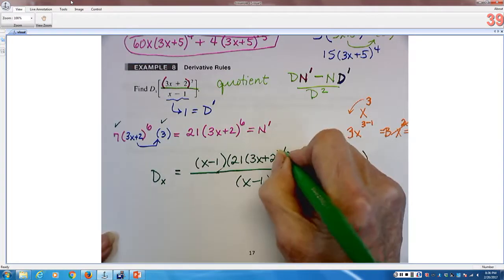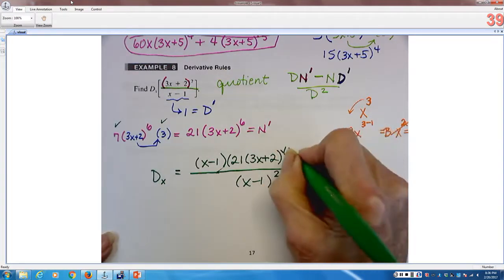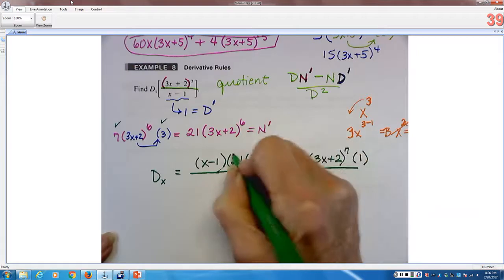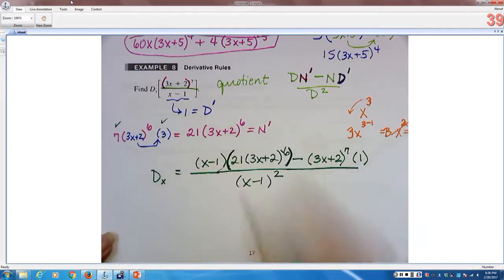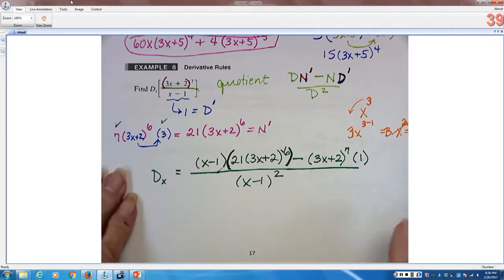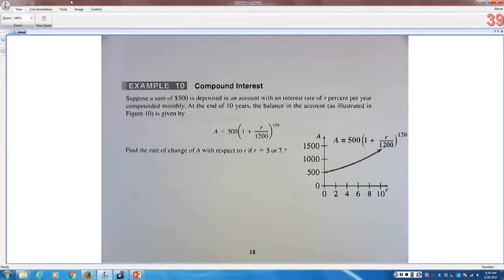I would need one more set of parentheses after that to close this one up. Be sure you close all your parentheses. Questions? Not yet? Okay.